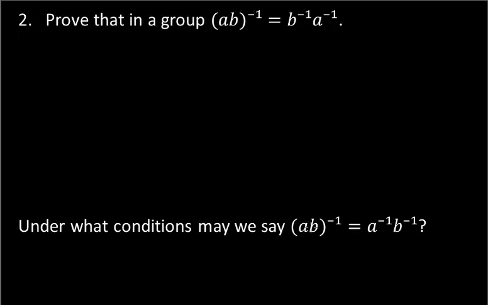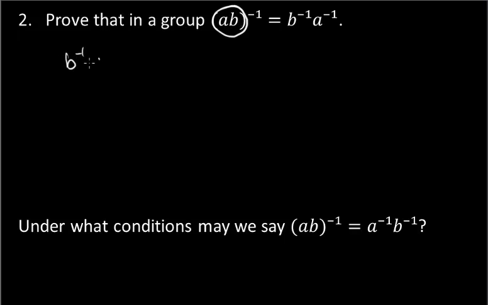Prove that in a group, the inverse of AB is B inverse A inverse. This is a very simple proof because you look at this and you say, well, what is this thing? It is the inverse of AB. It is the element that when you multiply it to AB, you get the identity.